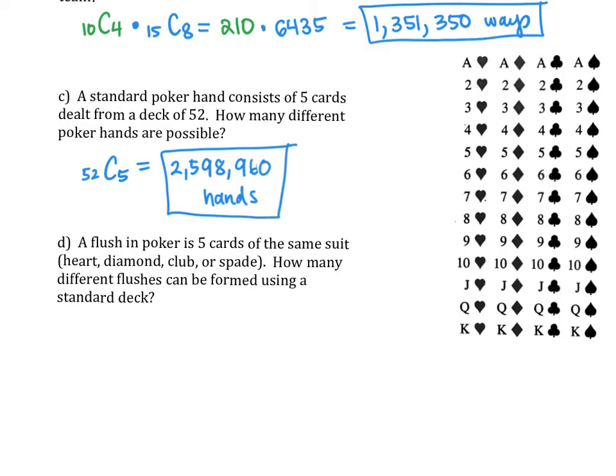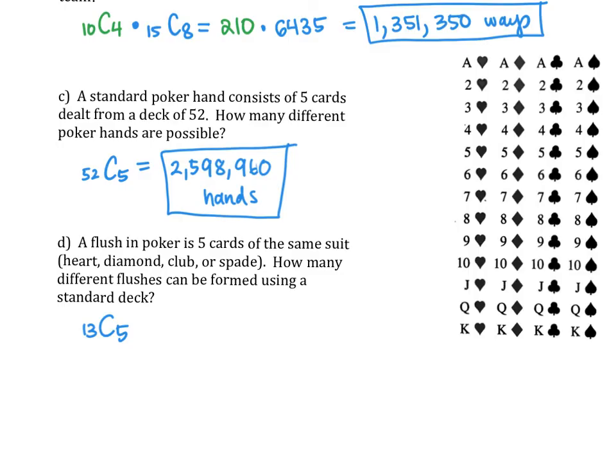I'm going to do it 2 very similar but slightly different ways. Depending on which suit I'm at, say I'm at hearts, there's 13 hearts to pick from. I want to have exactly 5 of them. So this is the number of combinations if I only pick a flush from the hearts, but there's actually 4 suits.